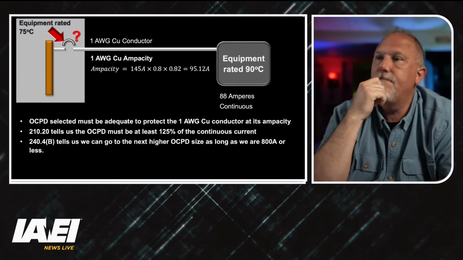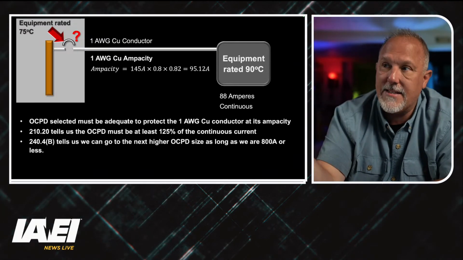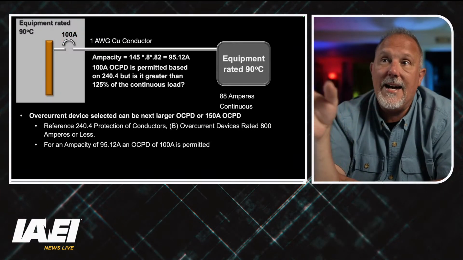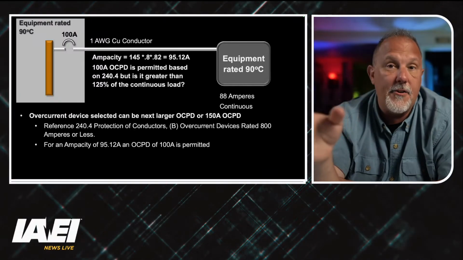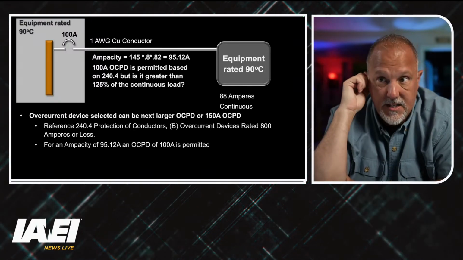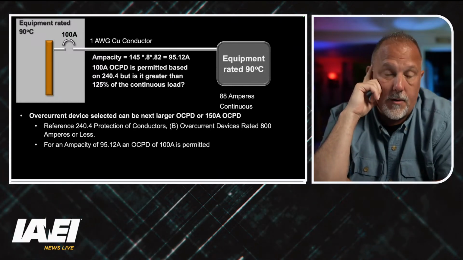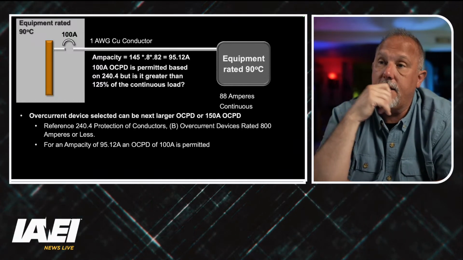We know the ampacity of the conductor is 95 amps, so the next higher from 95 amps is 100 amps. Based upon 240.4, I should be able to go to 100 amps on that conductor.